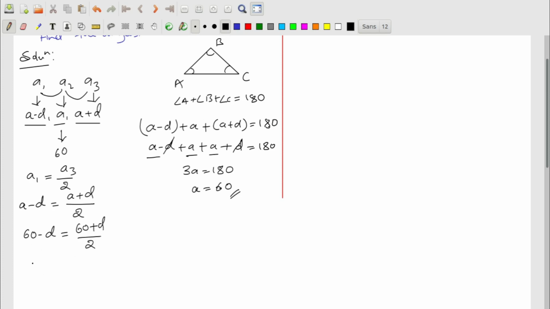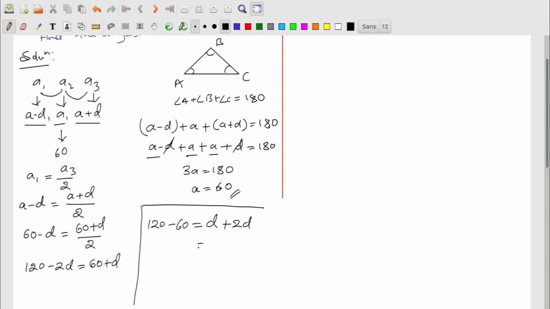Now cross multiply, you will get 120 minus 2D is equal to 60 plus D. Okay, fine. So now we need to find this D here. Just take this 120 here, take that minus 60, then you will get D minus 2D will become plus 2D. So 60 will be equal to 3D, and then your D will be equal to 20.